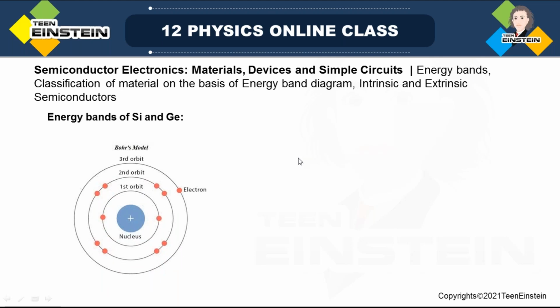We have learned in the atoms chapter about Bohr's atomic model, and you can see this is the structure of Bohr's atomic model, where the nucleus is at the center, and keeping the nucleus at the center, electrons are orbiting in various orbits. This is actually a single atom, or isolated atom. Isolated atom in the sense that it is very far from any other atoms.